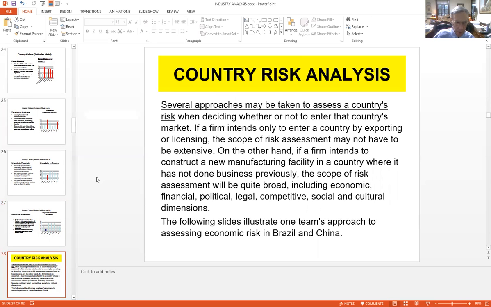So I think the final basis for comparison that we will look at is country risk analysis. And the underlined line or sentence here is especially important. There are several methods of assessing countries' risk, and there are several organizations that publish country risk analyses.